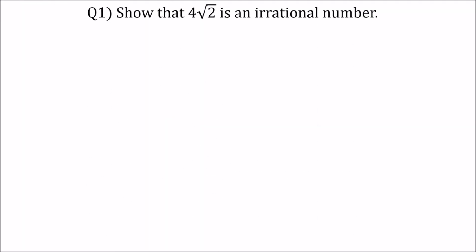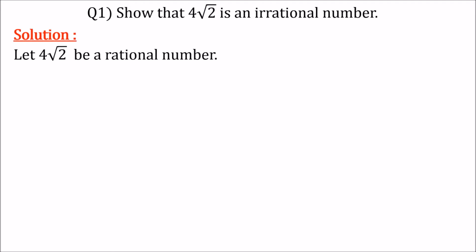Here we have question number 1. Show that 4 root 2 is an irrational number. Let's see the solution of this question. Let 4 root 2 be a rational number. What is a rational number? A number in the form of m upon n, where m and n are integers and n is not 0.